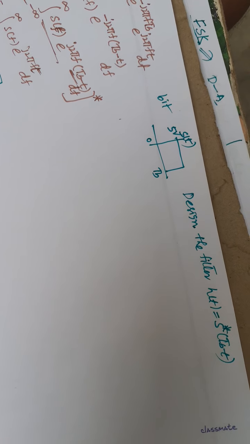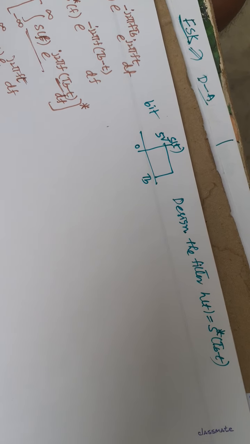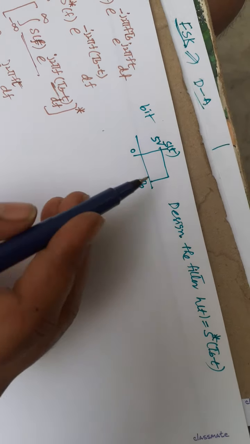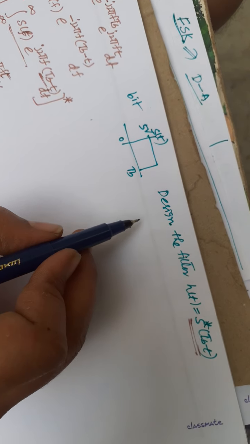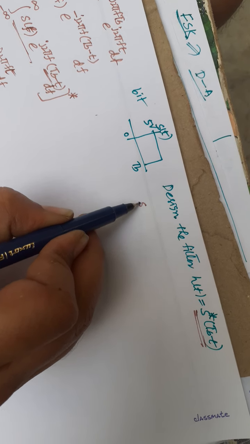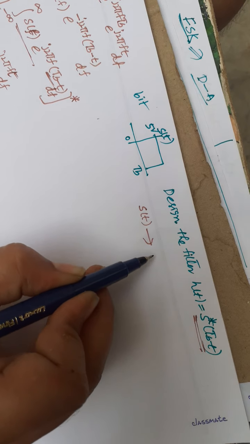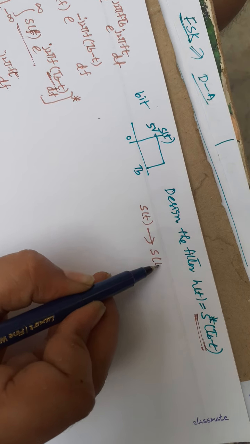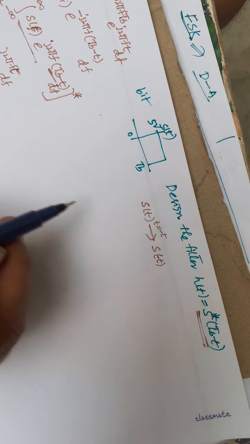Here I am going to design a filter which satisfies this equation. To perform this operation, first this is our signal s(t). This signal will be time reversed, that is s(minus t), by putting t equal to minus t.